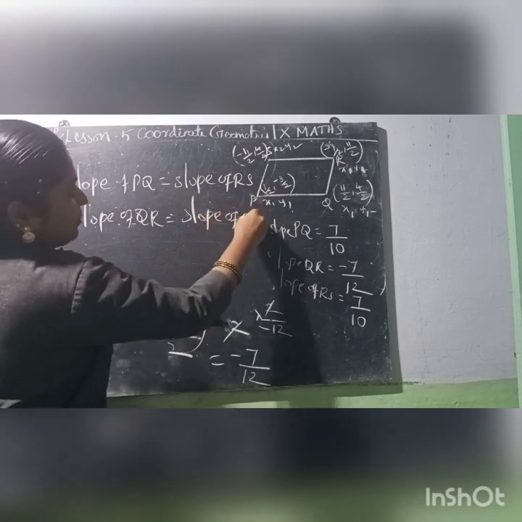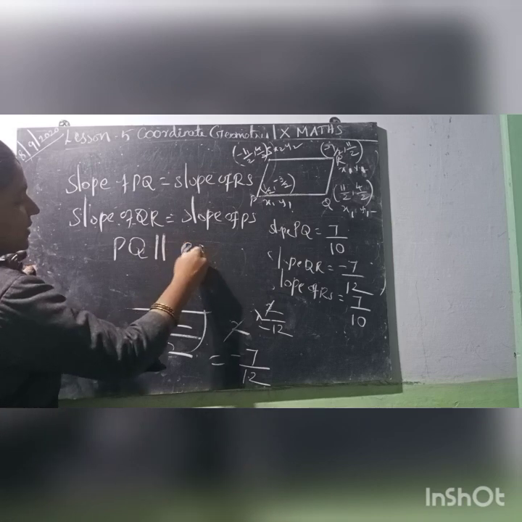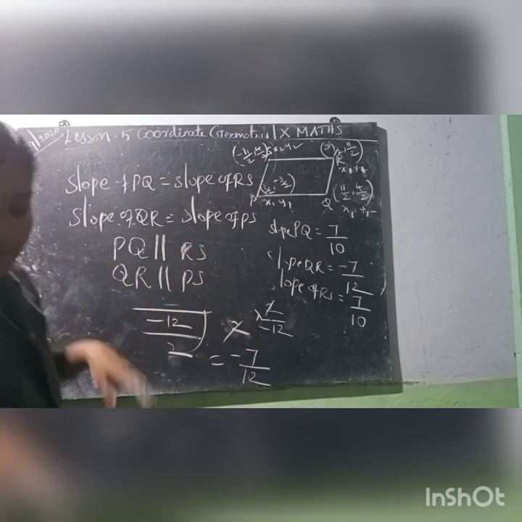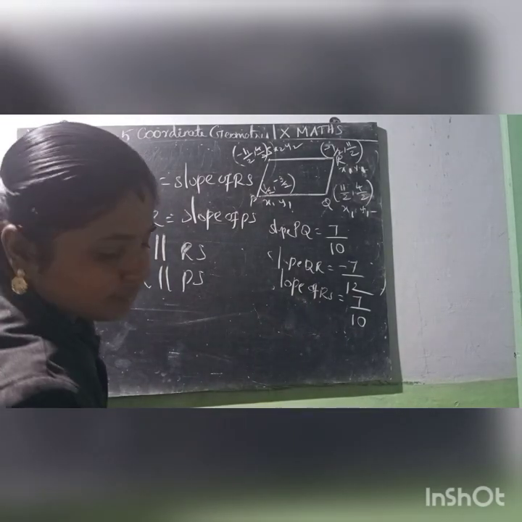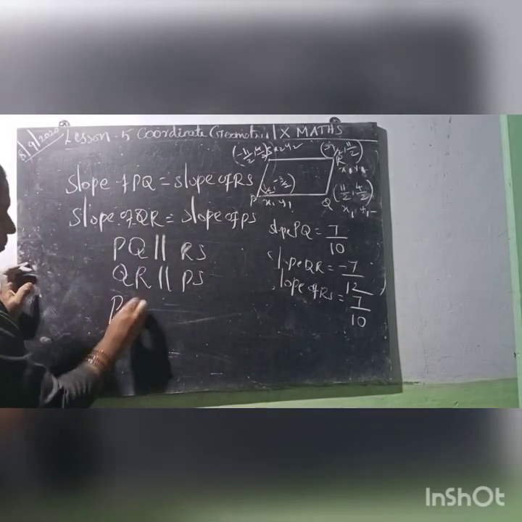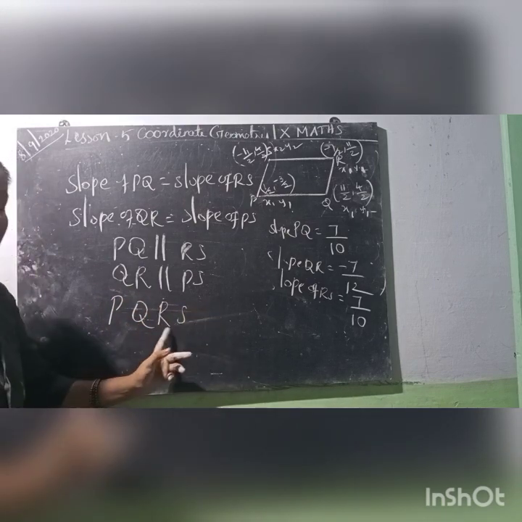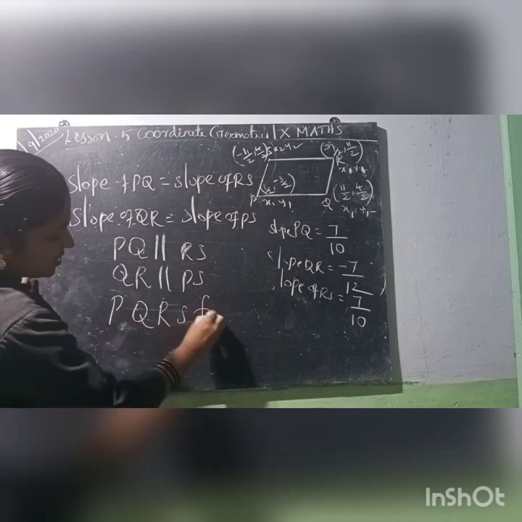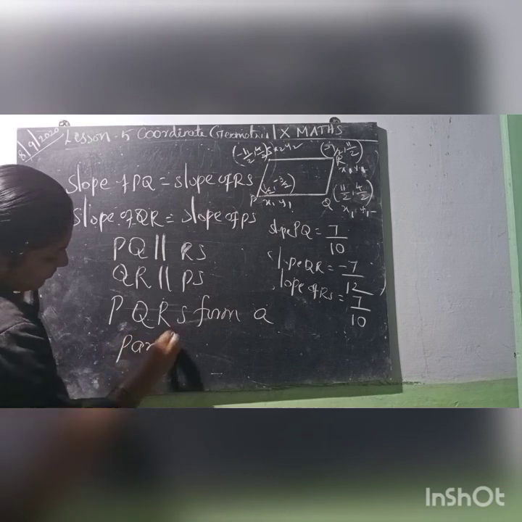So we can say PQ is parallel to RS and QR is parallel to PS. So finally we can conclude PQRS form a parallelogram. PQRS are the midpoints of the quadrilateral, so PQRS form a parallelogram.